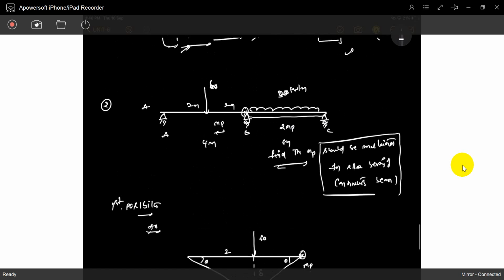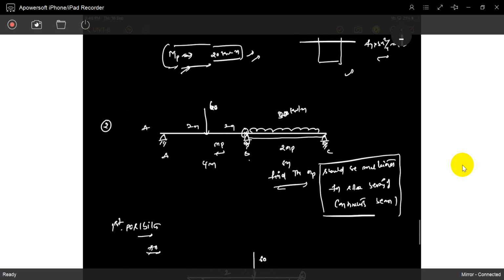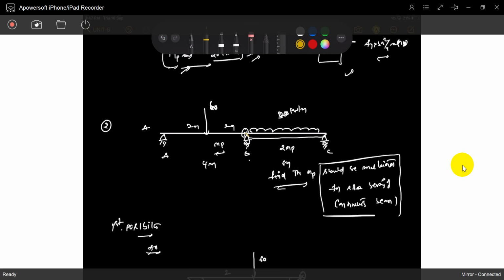So the second possibility is failure of BC. The failure of BC is a proper cantilever. Again, two hinges are required. One hinge is formed at P. The second hinge is formed not at the center, but somewhere else. Where is it? You already know it's 0.414 L. You have to remember that.